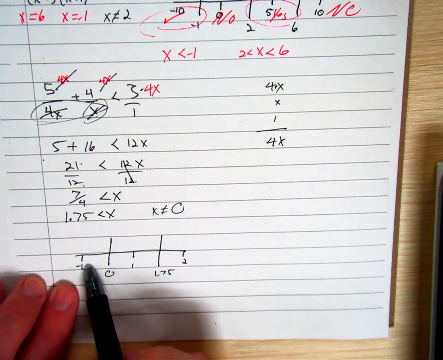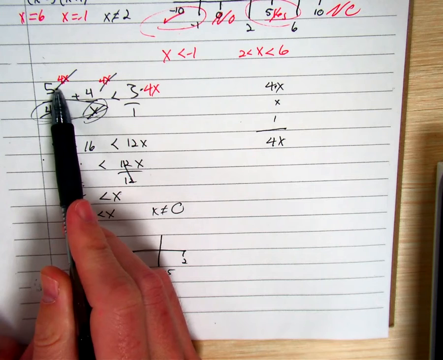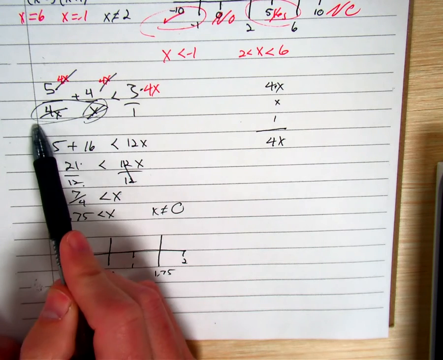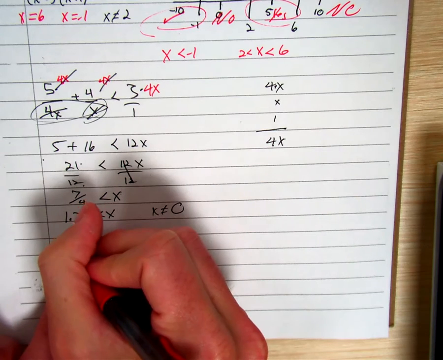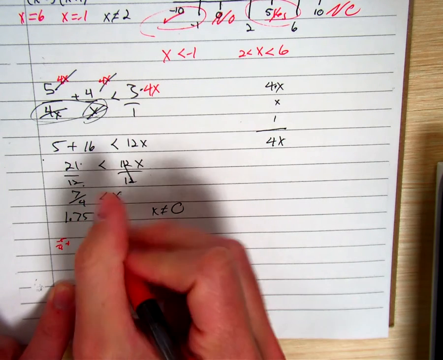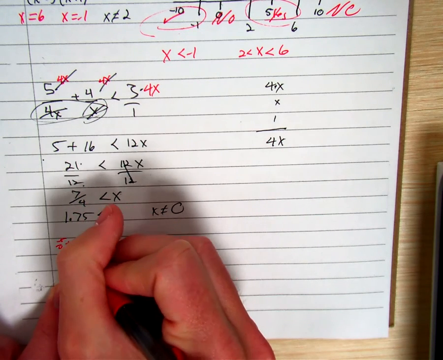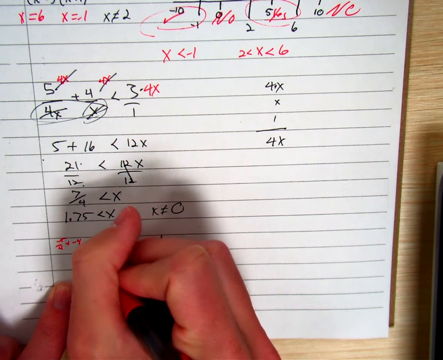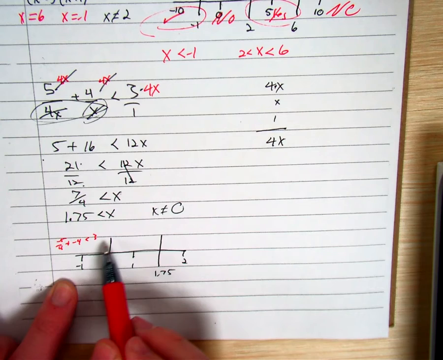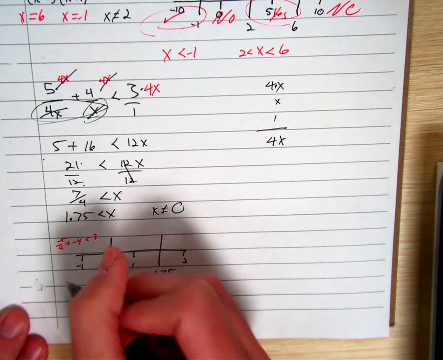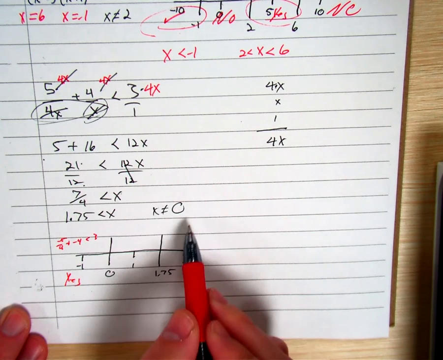If I put -1 up here, 5 over -1 times 4, so -5/4 plus 4 over -1, -4. Is that less than 3? Negative plus a negative, yep, that's going to be less than 3. Yes. And that matches what we had.